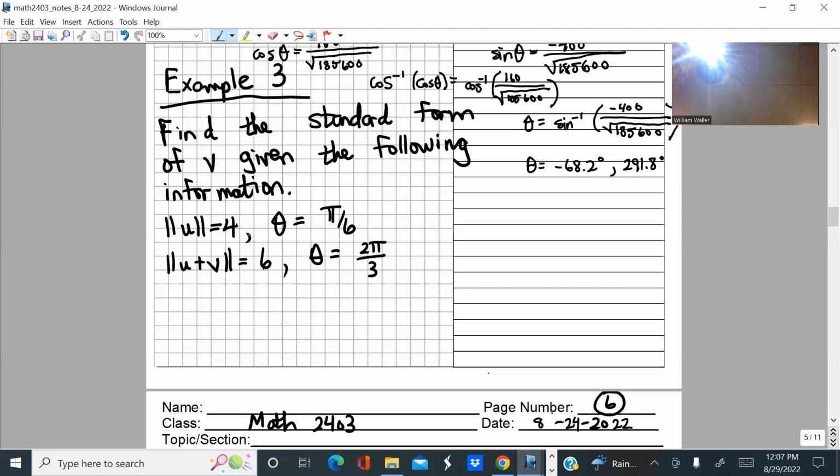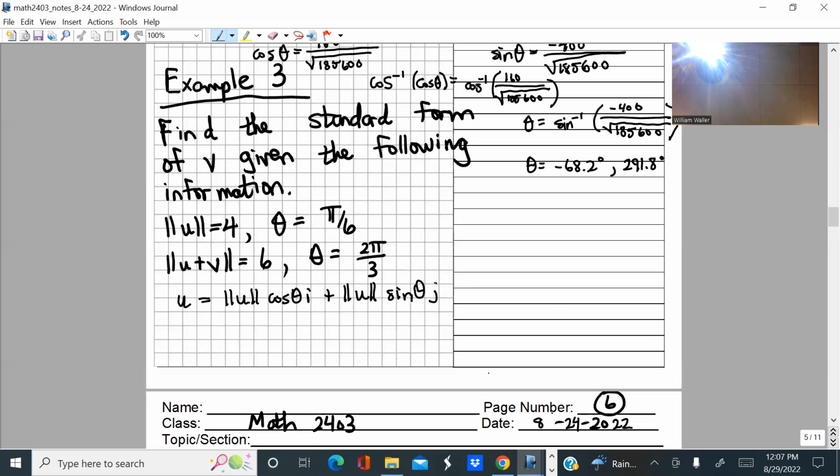So if you're given this information, you are really given the standard form of u. You're really being told everything you need to know about u. Because remember, in standard form, you can write u as its magnitude times the cosine of its direction times i, plus its magnitude times the sine of its direction times j.